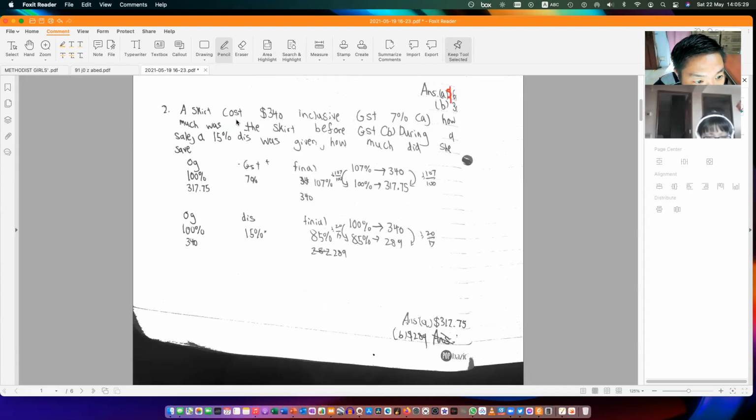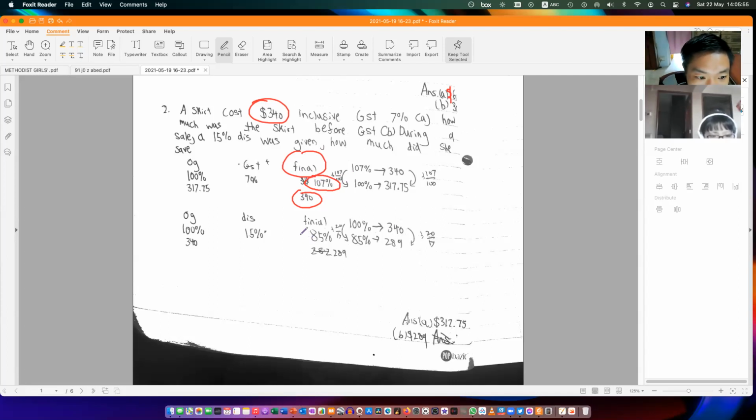Question 2. A skirt costs $340, inclusive of 7%. Inclusive of 7% means the 340 is the final price, right? So basically this is 107%.